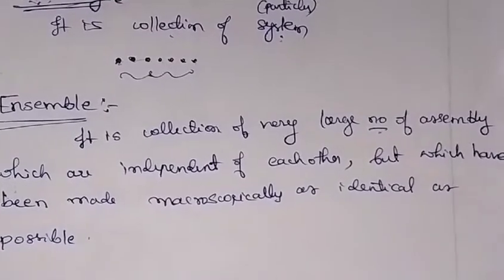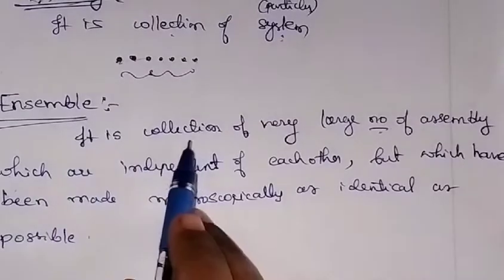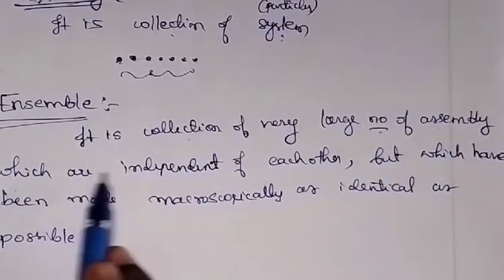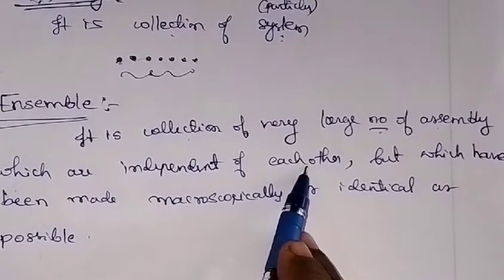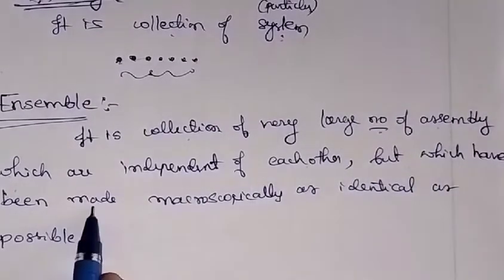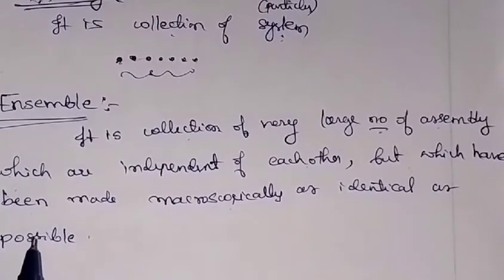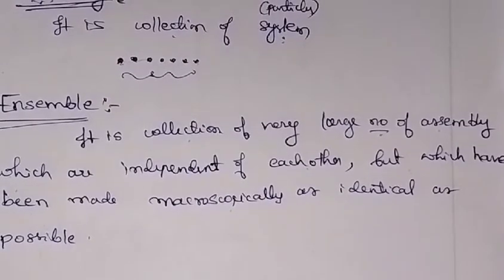So let us read what is ensemble. It is a collection of a very large number of assemblies which are independent of each other but which have been made macroscopically as identical as possible. Now we will understand the meaning of this.